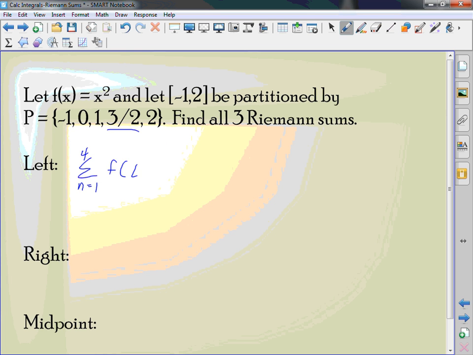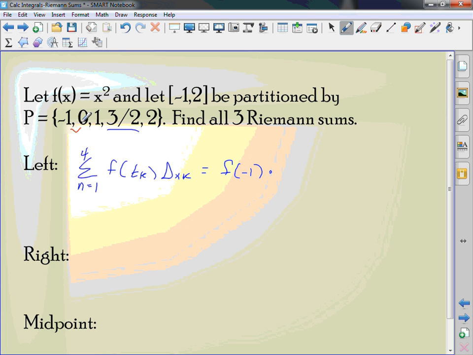Of f of t k delta x k. From the left means I start at the left point. And the first thing I'm going to do is find f of -1 times, how does it jump from here to here?